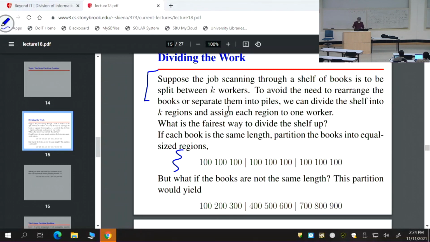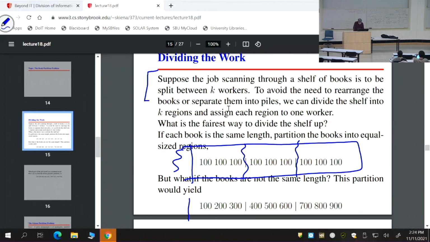What is the fairest way to divide it? If I have 9 books of 100 pages each, does everybody agree that the fairest way to divide that work would be simply to give three books to each person?